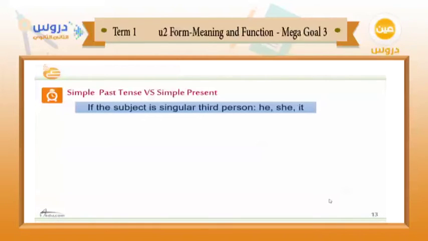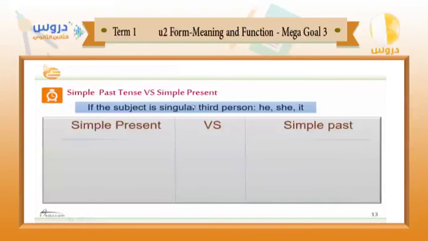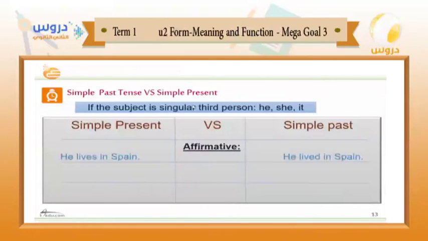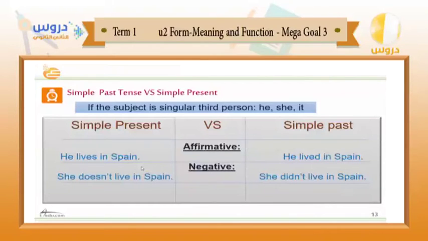If the subject is singular third person, like he, she, or it, we will have some differences. With simple present, we say he lives in Spain. And in simple past, we say he lived in Spain. In negative, she doesn't live in Spain.